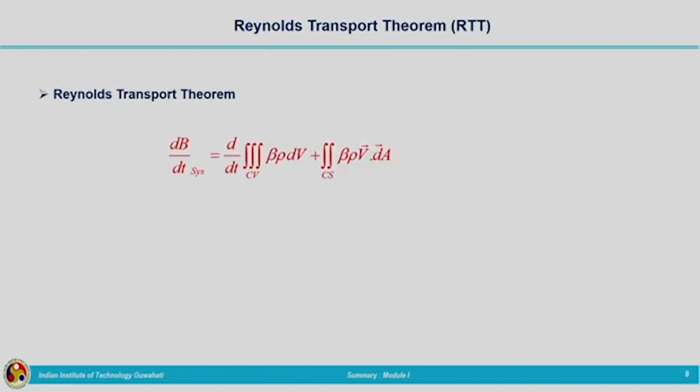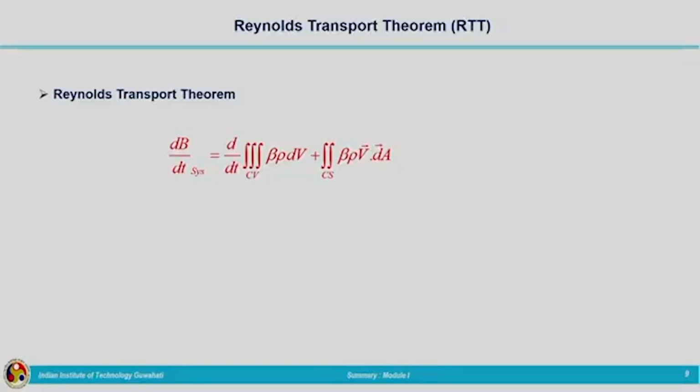And we have derived the mathematical representation of the Reynolds transport theorem, that is, the time rate of change of the extensive property of the system, dB by dt of system, is given by d by dt of the volume integral of beta rho dV across the control volume, plus the surface integral of beta rho v dot dA across the control surface.